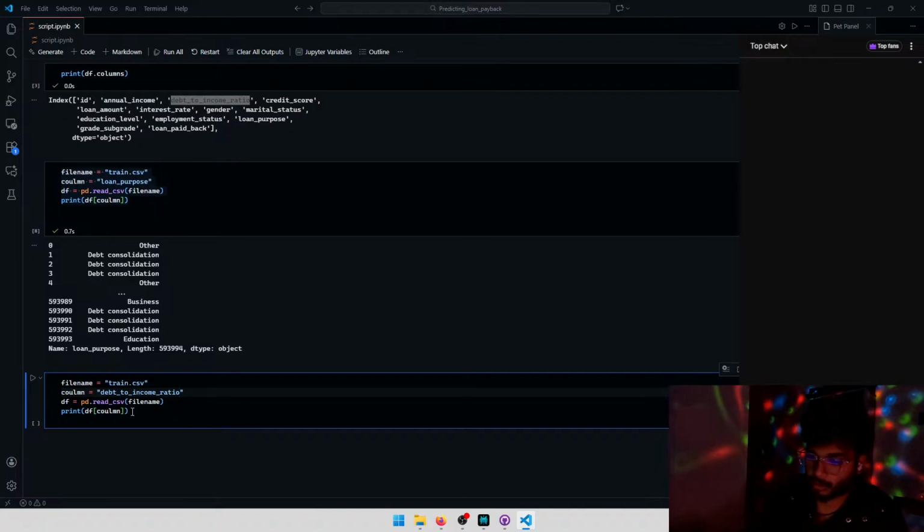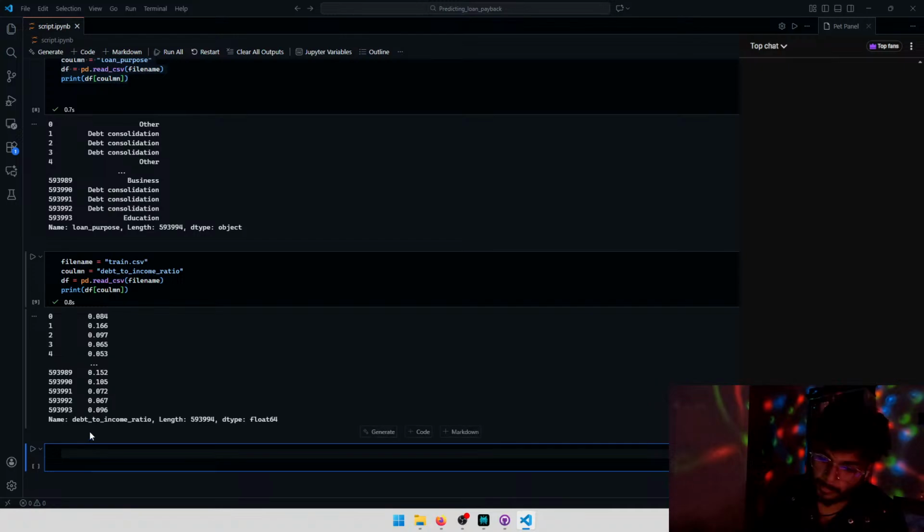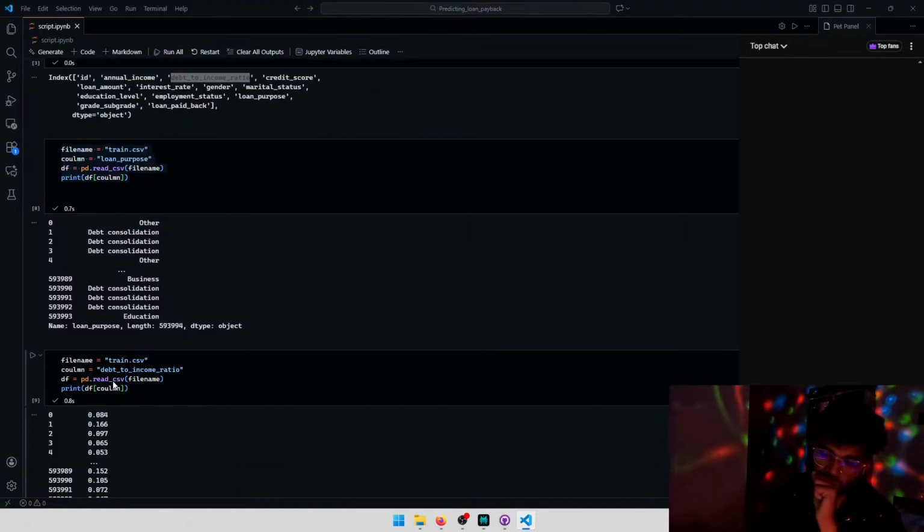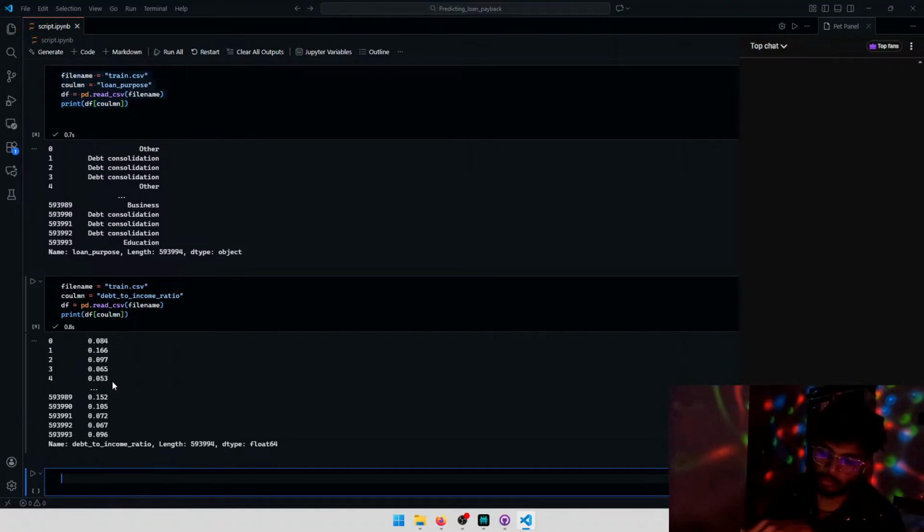Is it correct? So I have 0.084, 0.1, 0.1. I can see over here there is a relation. It can be less than 0.05.